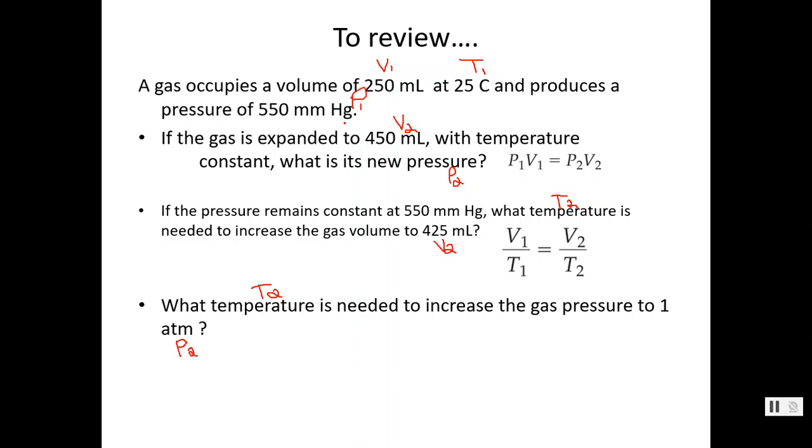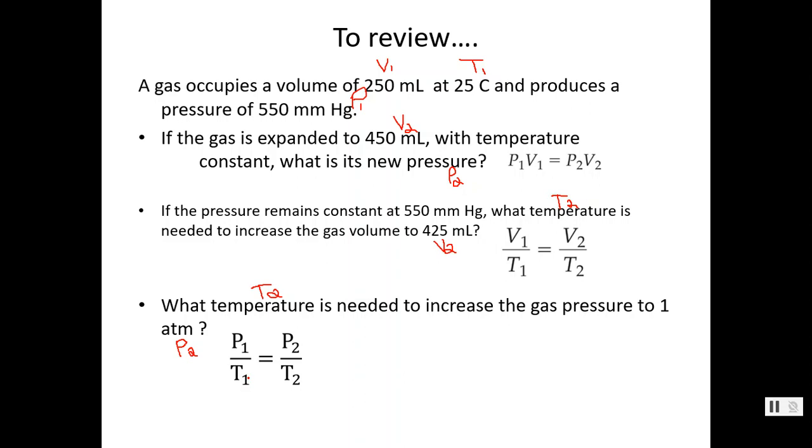I have a P1 from my first information. I need to find a new temperature. I have the initial temperature. So I need to use the gas law that involves pressure and temperature. That gas law is going to be Gay-Lussac's law, or P1 over T1 is equal to P2 over T2.